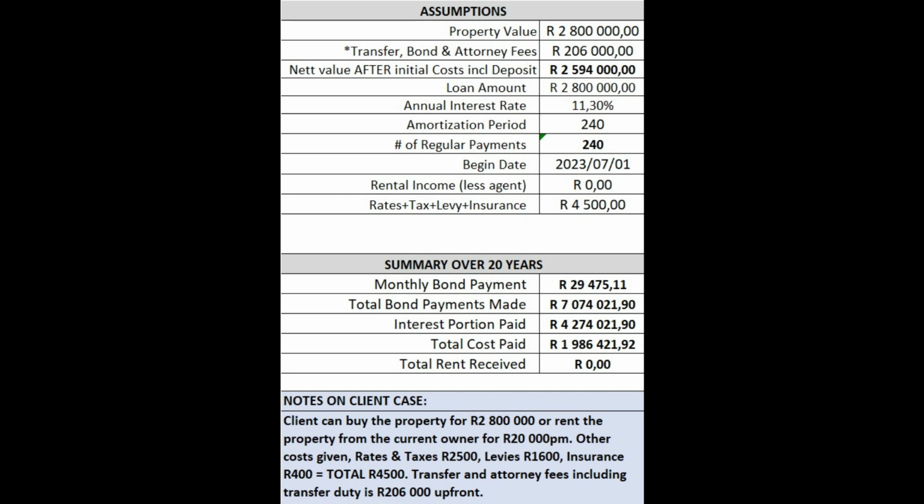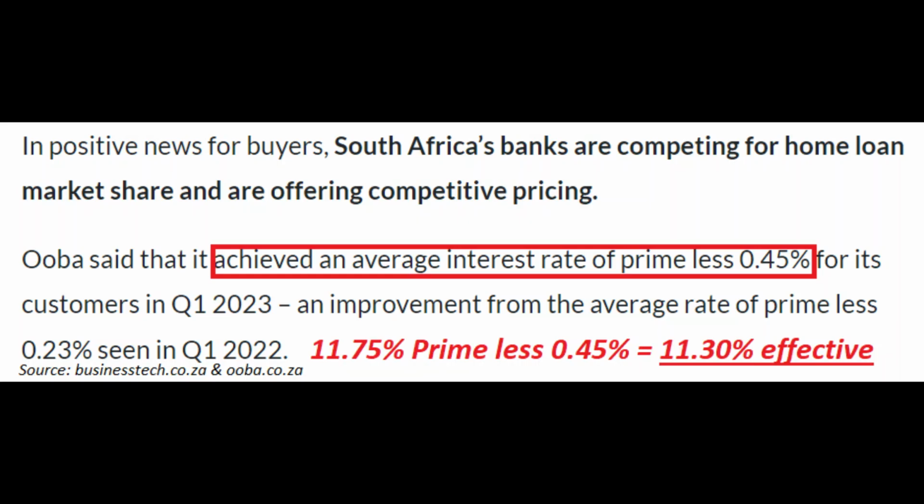The loan amount, we will assume 100% of the property price, which is 2.8 million. Annual interest rate at 11.3%. The reason we use that interest rate is that Uber indicated that they got prime minus 0.45% for the average client in the first quarter of 2023. Thus, prime being 11.75, we deduct 0.45, meaning 11.3 is the figure we're going to use.